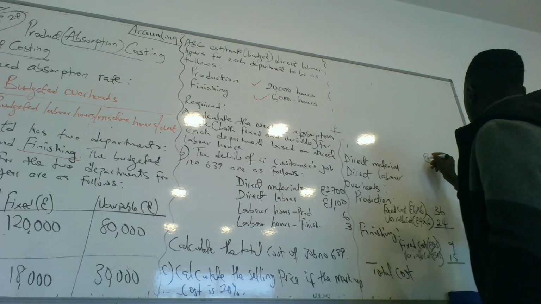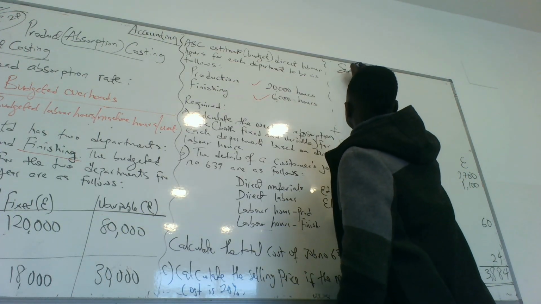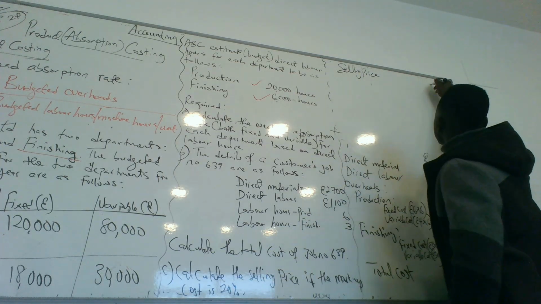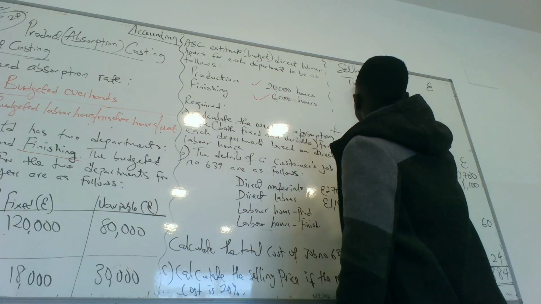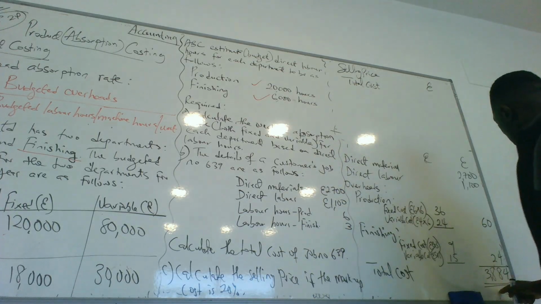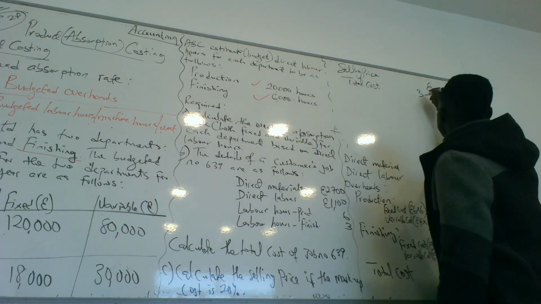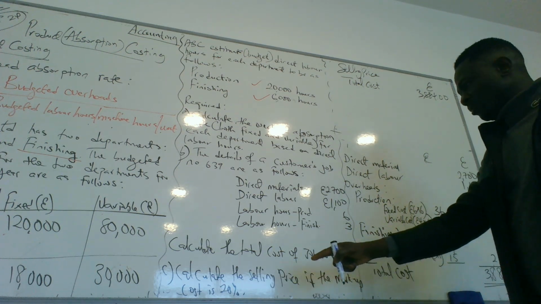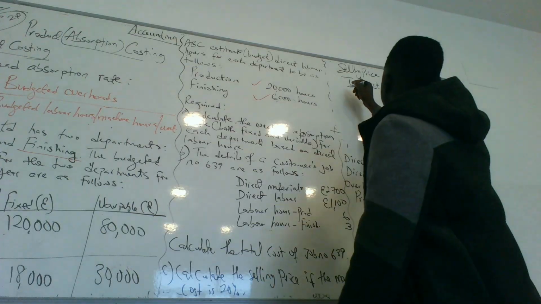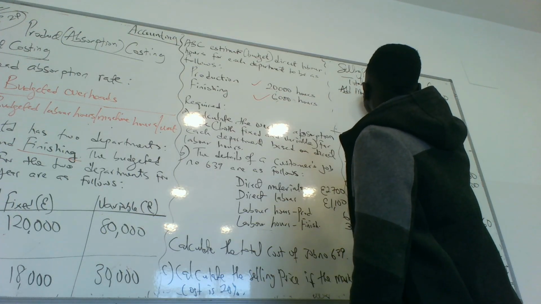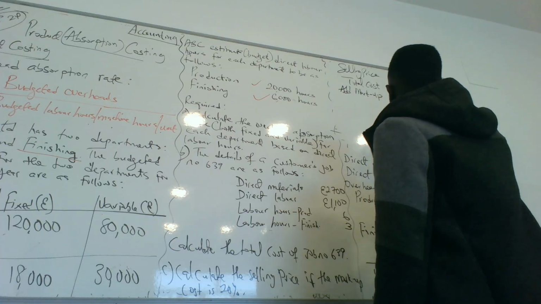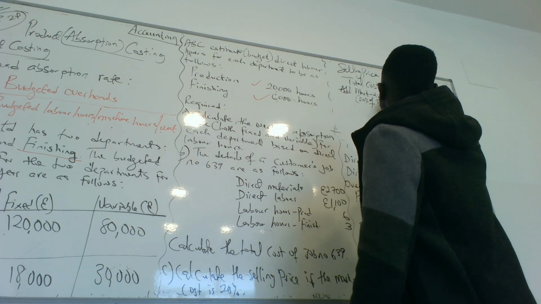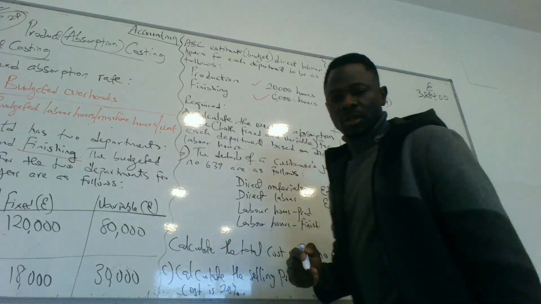The selling price will be the total cost, which is 3,884, plus the markup. The markup is 20% of 3,884.